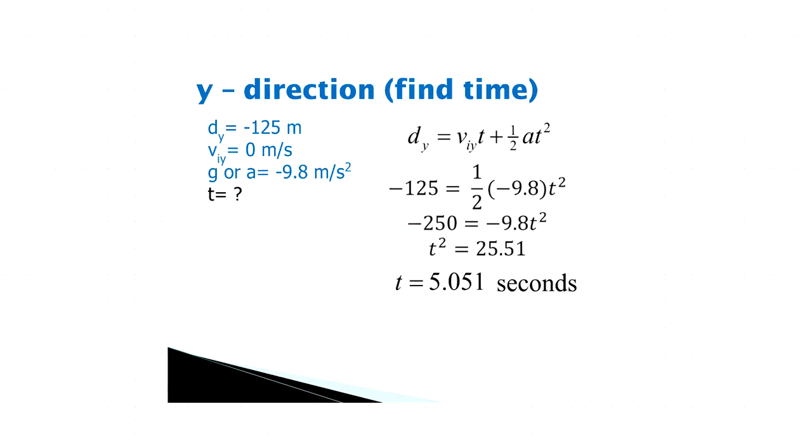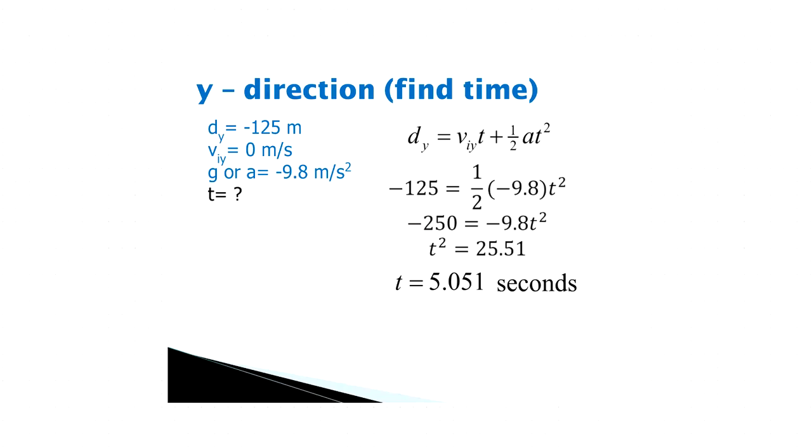The most appropriate equation, based on us having a displacement in the Y, initial velocity in the Y, and an acceleration due to gravity, is displacement in the Y being equal to initial velocity in the Y times time plus 1/2 acceleration times time squared. If we choose this equation, we can go in and substitute our given information for the variables in order to come up with time.